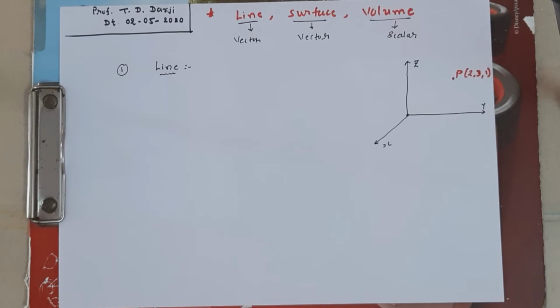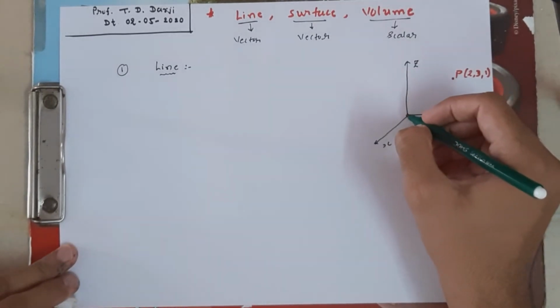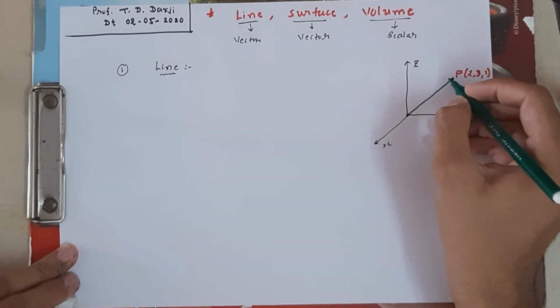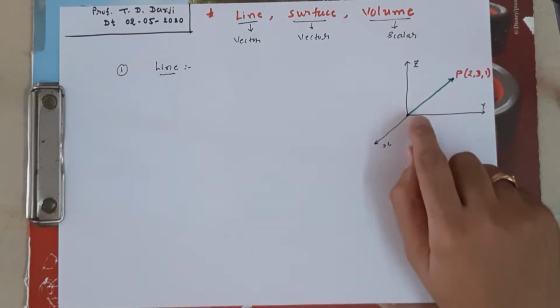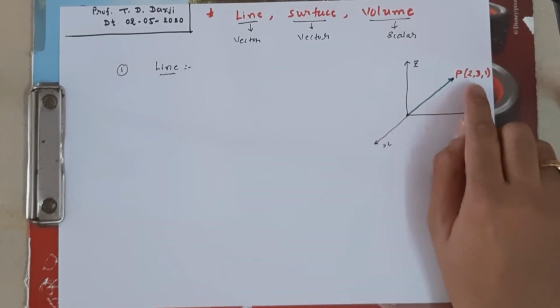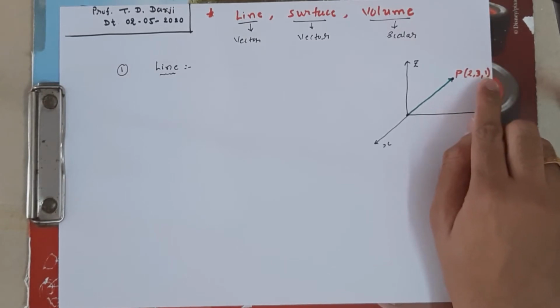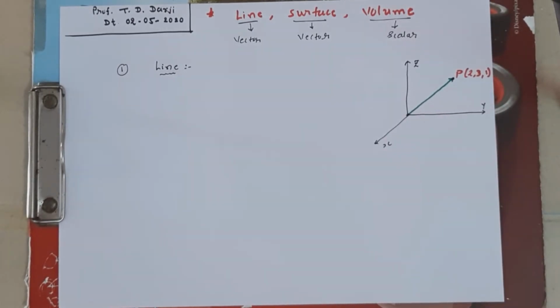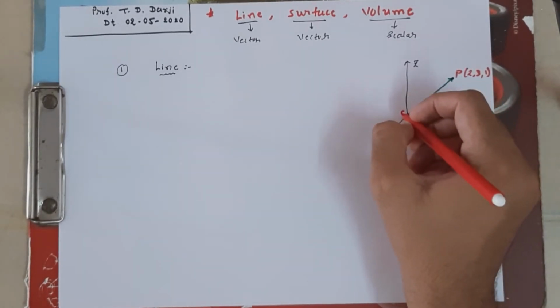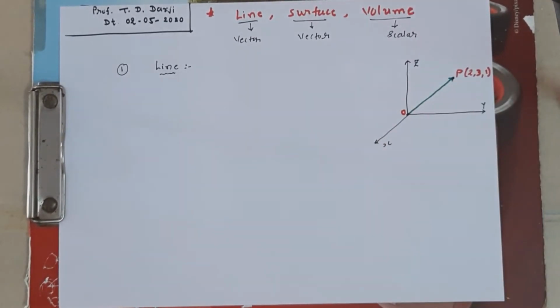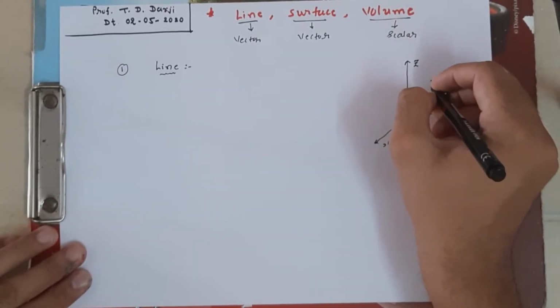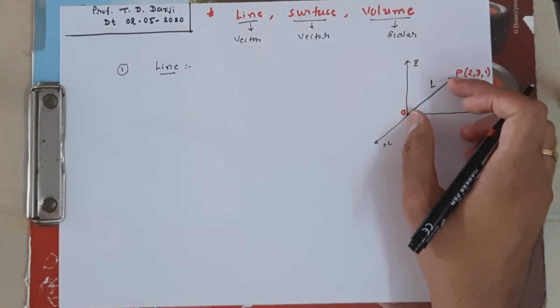So one line goes from the origin to the point P. This line covers 2 steps in the x direction, 3 steps in the y direction, and 1 step in the z direction. So OP is my whole line, and capital L indicates the length of my line.